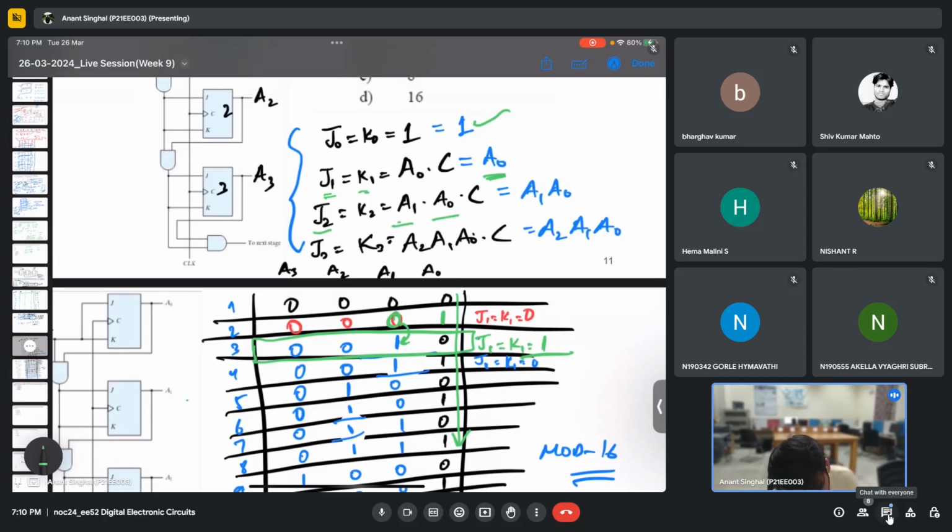A1 was 0. So J2 and K2 will remain 0 only. So it will hold the state. So this 0 will become 0. Similarly, A3 will also be 0. So these two are holding and this one is toggling. That is how I got the next state. Is it clear? This particular step.